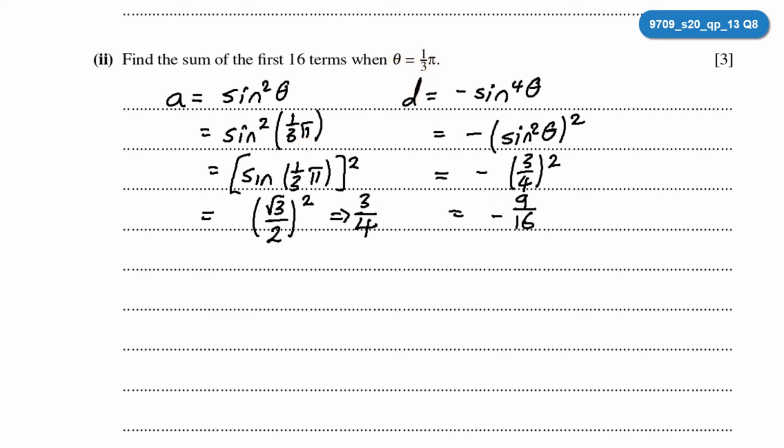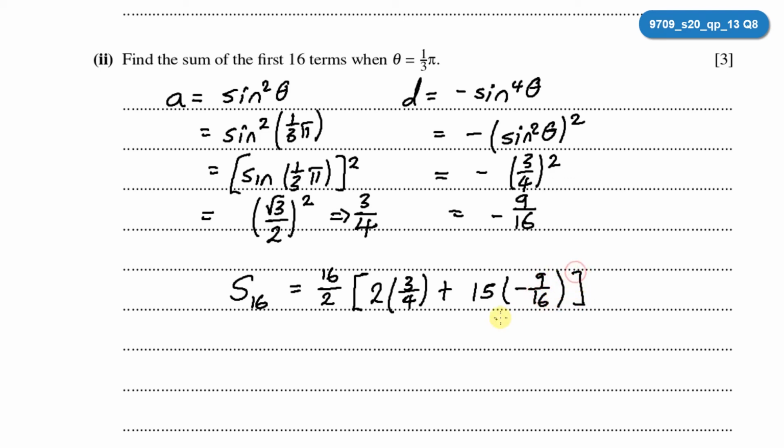So for us now to find the sum of the first 16 terms, we can apply the formula for sum of terms for an AP. This, in this case, is going to give us 16 over 2, 2a, which is now 2 of 3/4, plus n minus 1, n is 16, so n minus 1 is 15, and d, which is minus 9 over 16.